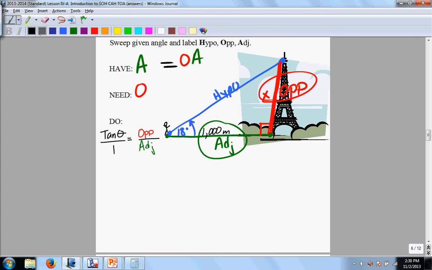Our theta this time is 18 degrees. So we go tangent 18 degrees over 1 equals opposite, circle, circle, x, over adjacent, circle, circle, 1,000 meters. Do not touch a calculator until x is by itself.